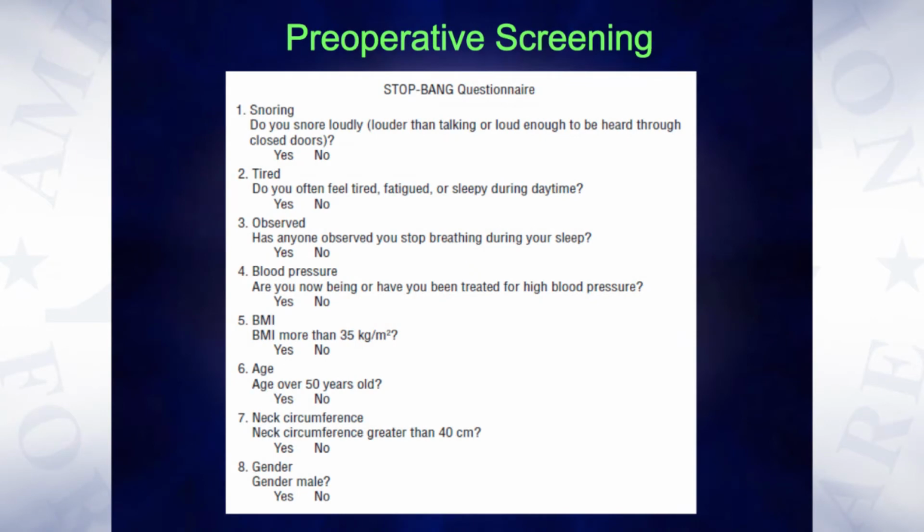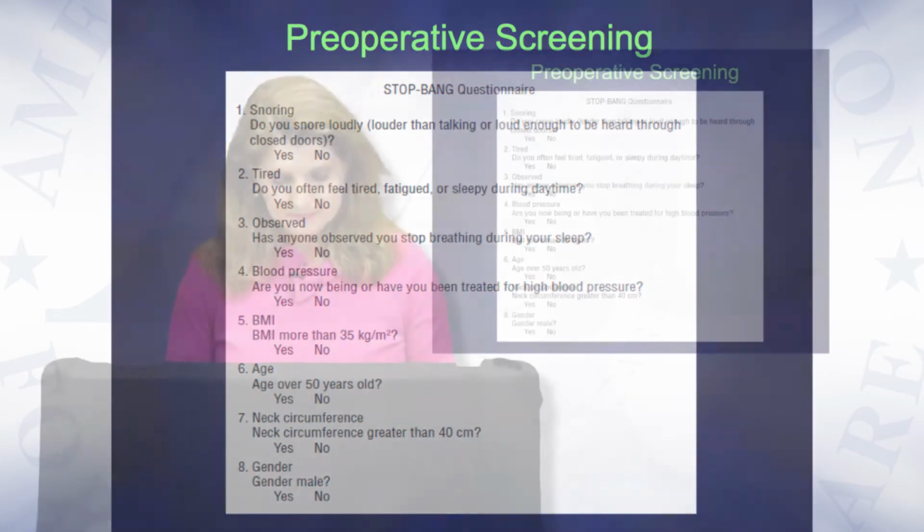Respiratory therapists have a huge potential role in the preoperative screening clinic in the diagnosis of patients with obstructive sleep apnea. The mnemonic STOP BANG is one scoring system that's very simple to use. We use it at the University of Virginia. It's on a grading scale: snoring, tired, observed apnea, blood pressure, BMI greater than 35, age older than 50, neck circumference, and male gender.